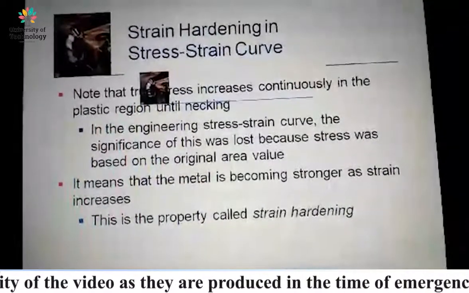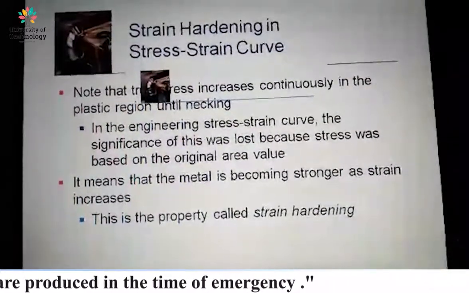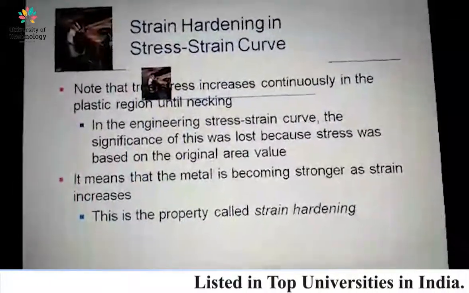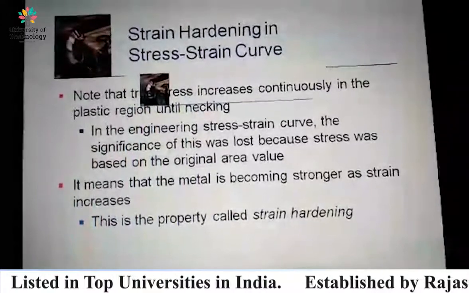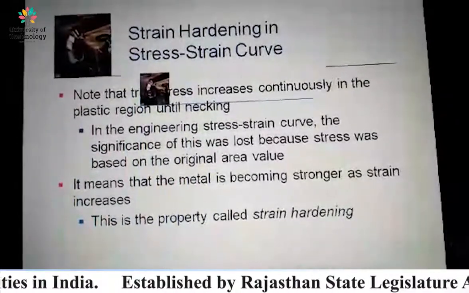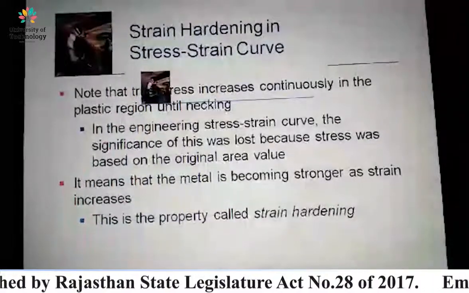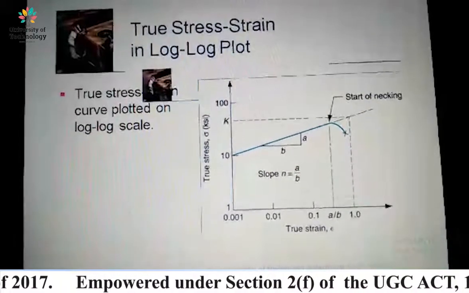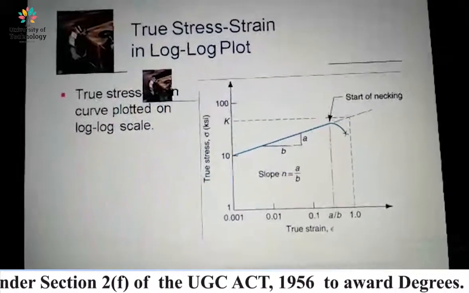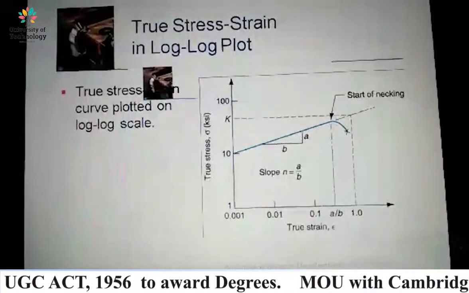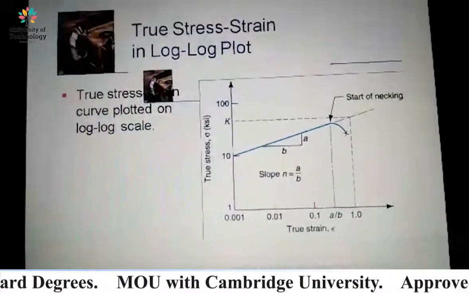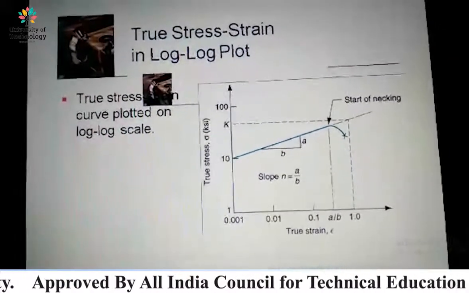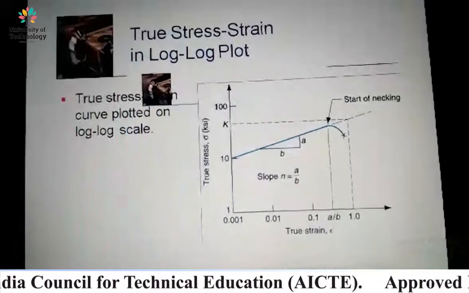In the engineering stress-strain curve, the significance of this was lost because stress was based on the original area value. It means that the metal is becoming stronger as strain increases. This is the property called strain hardening. Right, guys? This is the true stress-strain in log plot. In log, we can plot the true stress and true strain curve on the log scale. You can see this diagram. This is the graph of the stress-strain.